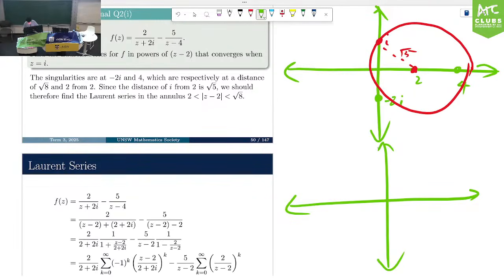So that's 2, that's 2, that's 4, that's minus 2i. We can consider this annulus. Okay, sorry, this is terribly drawn.